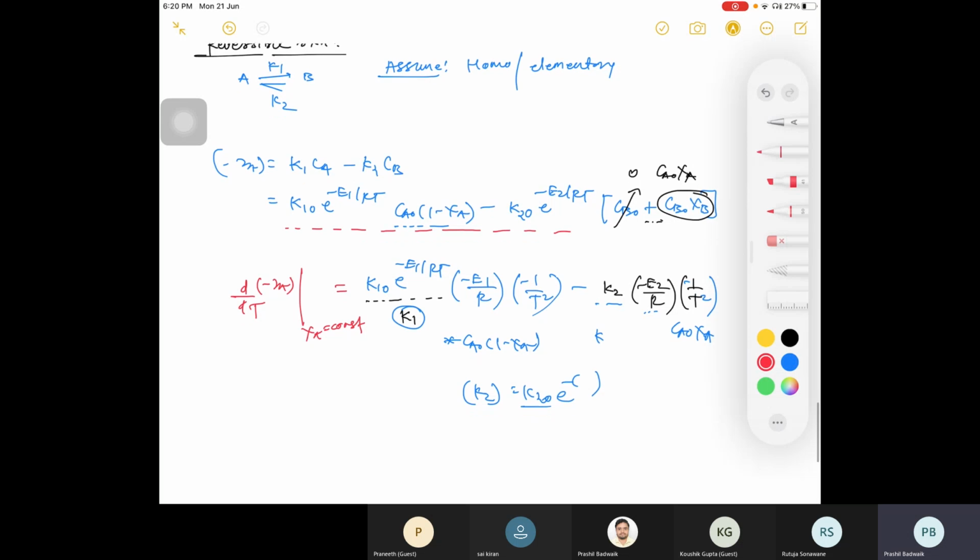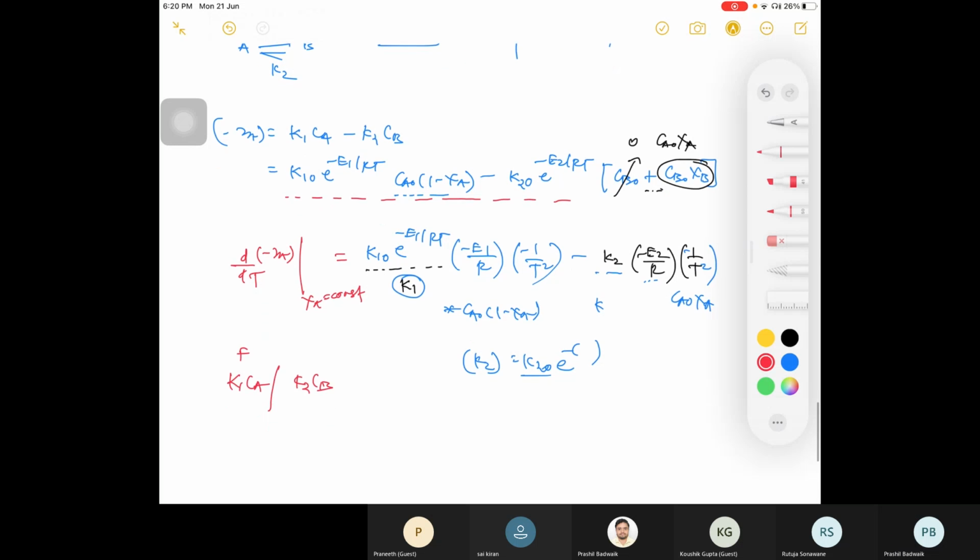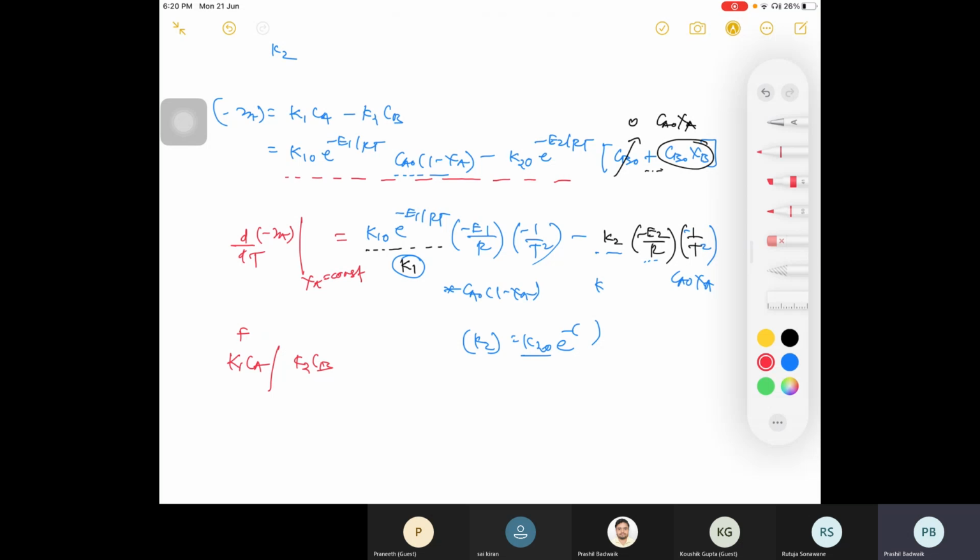Now please tell me what is your rate of forward reaction here? That is your K1Ca, and what is your rate of backward reaction? That is your K2 into Cb. So can you write your K1 term? I hope you are getting this equation. So this is your K1 and this is your Ca, and second is your K2 and this is your Cb, right?